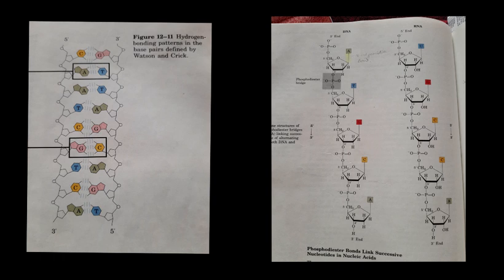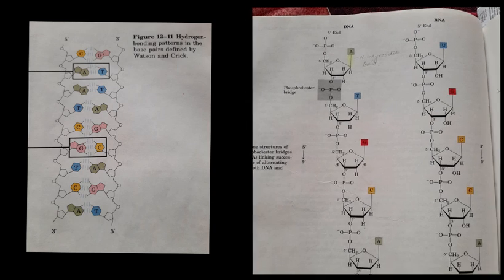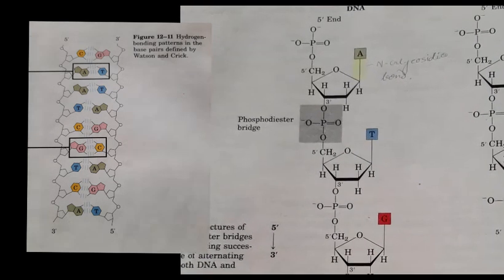one deoxyribose sugar that forms a bond with the base. The base is joined covalently at N1 position of pyrimidines.